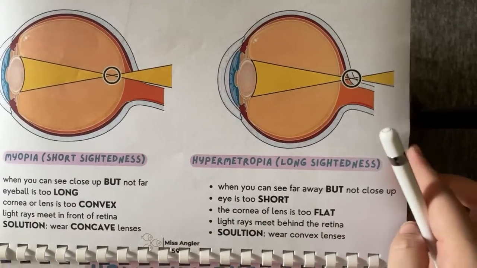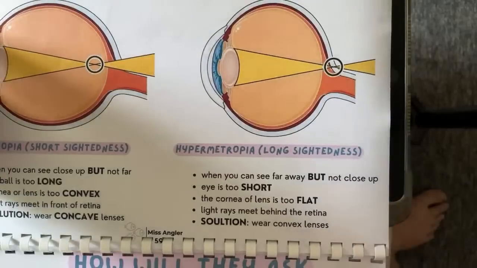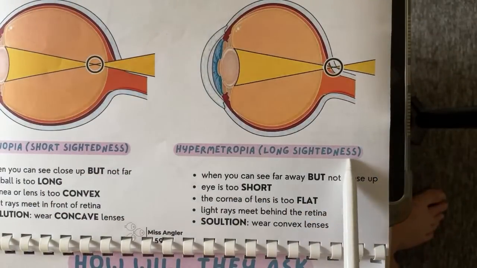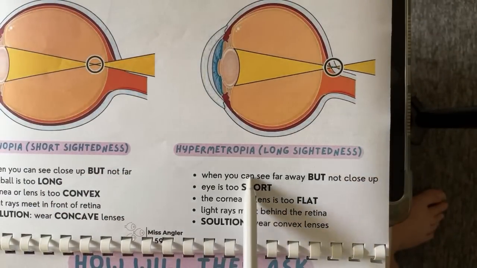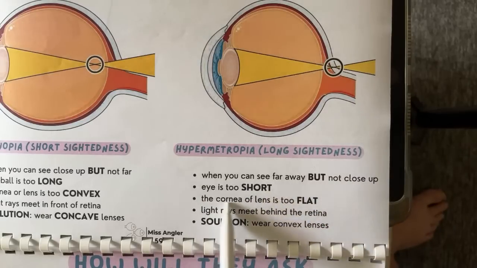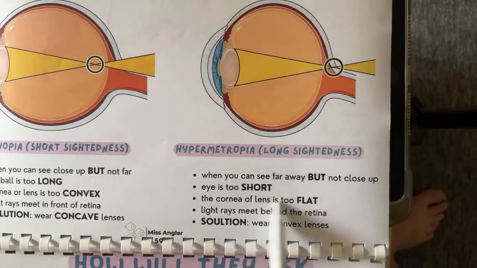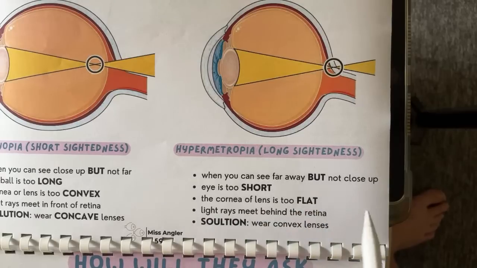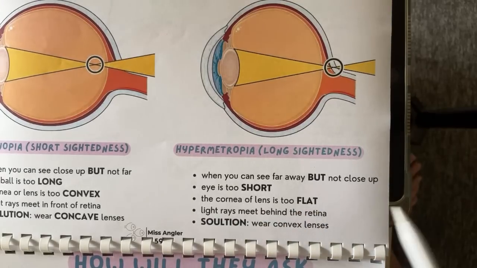In other words, if we look at what does it mean to have hypermetropia, it means when you see far away, but you cannot see close up, your eye is too short, and here's the important bit, the lens is too flat because it cannot stretch and it cannot change shape.